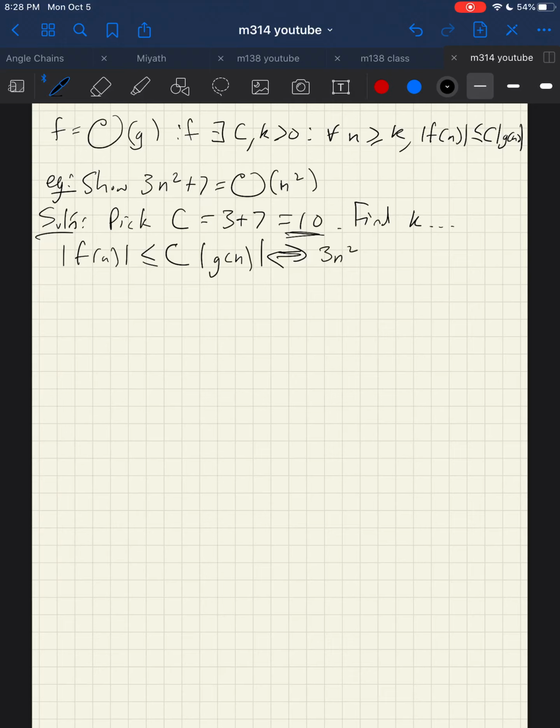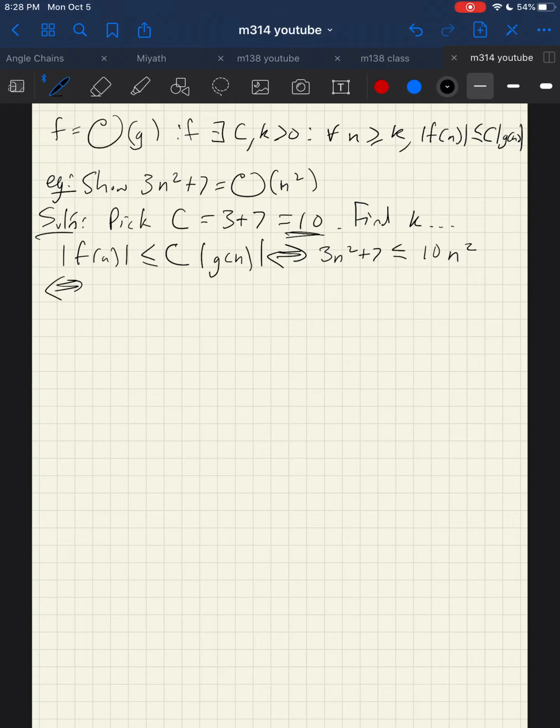So we can drop the absolute values, and I've got 3n squared plus 7 less than or equal to 10 times n squared. All right, now I want to get n on its own, so I can say n is greater than something to make this thing true. And again, this is just a technique. You don't have to do it this way. Well, this is going to happen if and only if what?